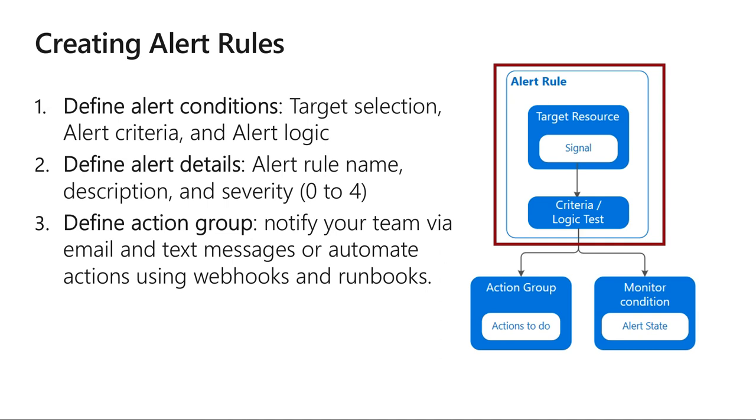And signals. Signals are emitted by the target resource and can be of several types: metrics, activity log, application insights and logs. And criteria. Criteria is a combination of signal and logic applied on the target resource. For example, percent CPU over 80%, server response time over 5 minutes, and result count of log query greater than 100. Right, all those.